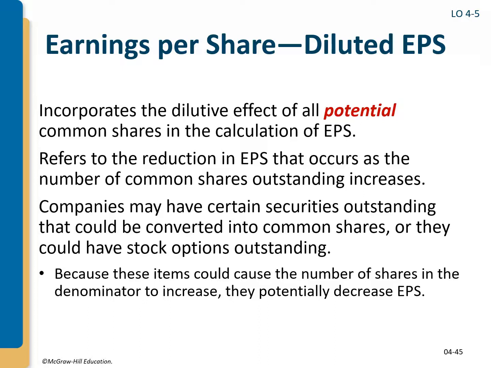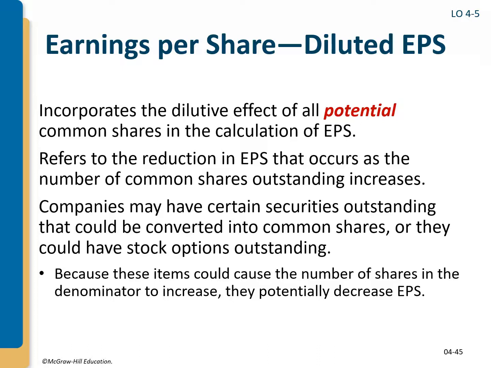What diluted earnings per share says, let's pretend everybody who has stock options buys our stock. They probably then sold more stock into the stock market if that happens. That will increase the amount of outstanding stock. We have more stock out there.